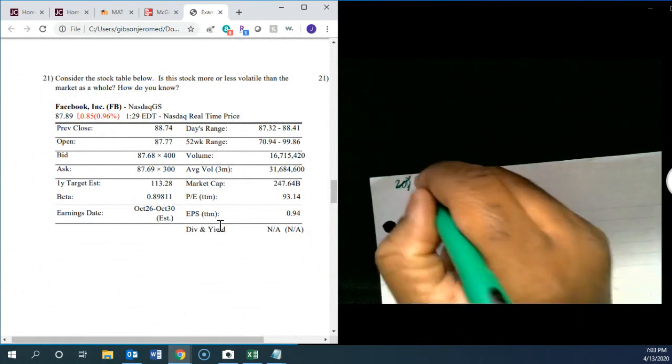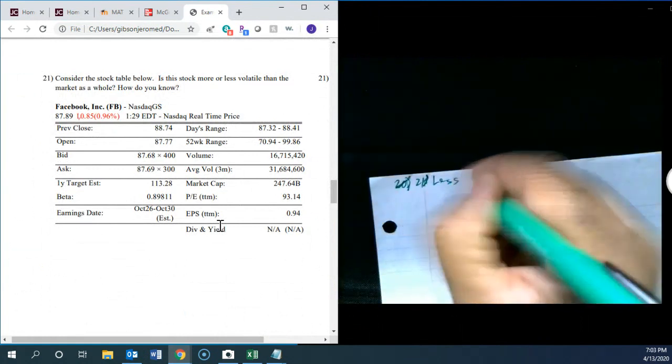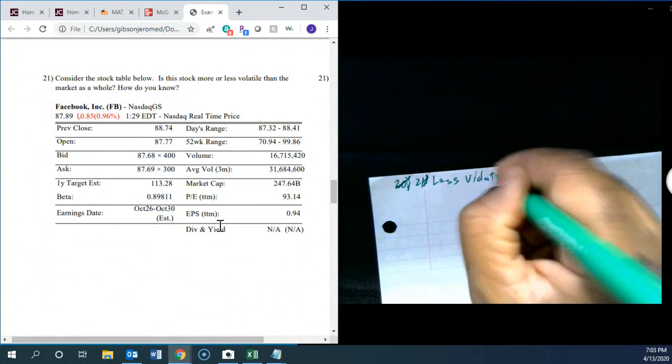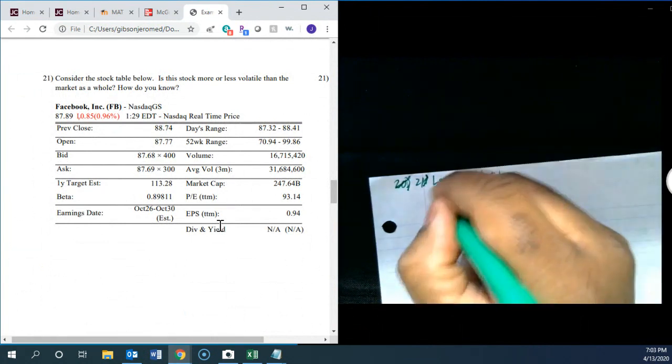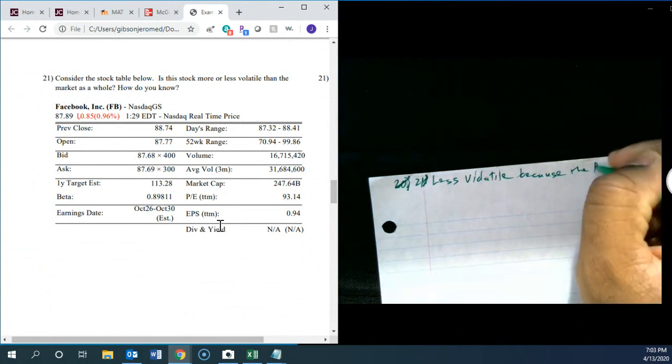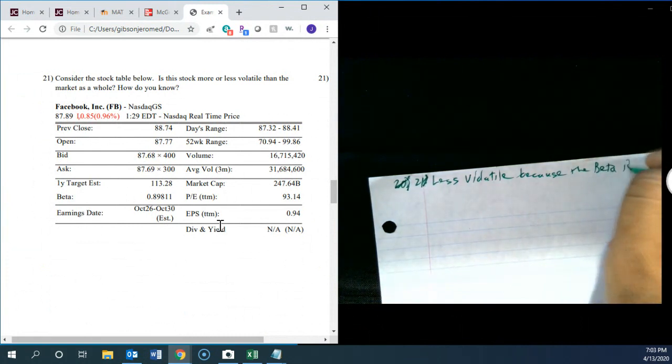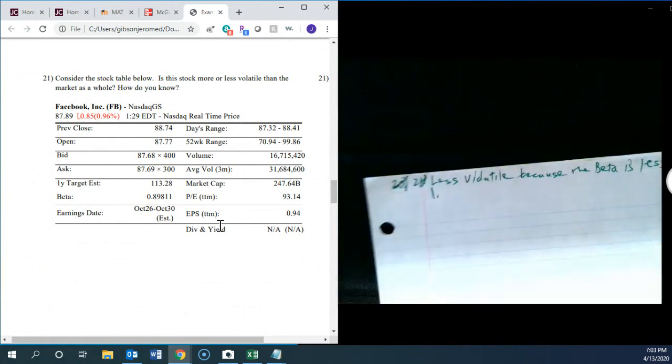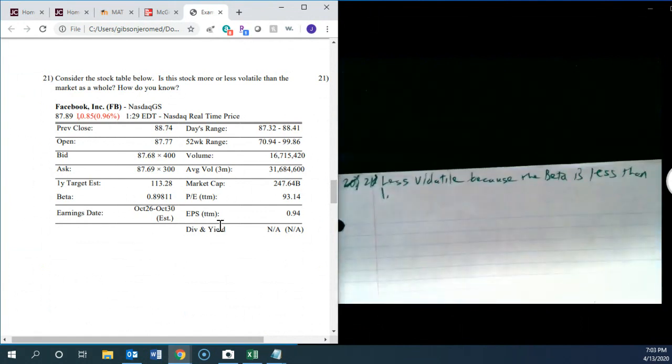And then we would say that it's less volatile because the beta is less than 1. As long as that beta is less than 1, it's less volatile than the market.